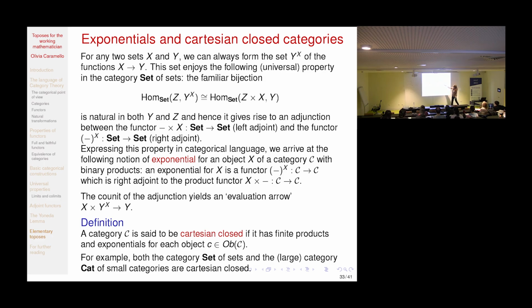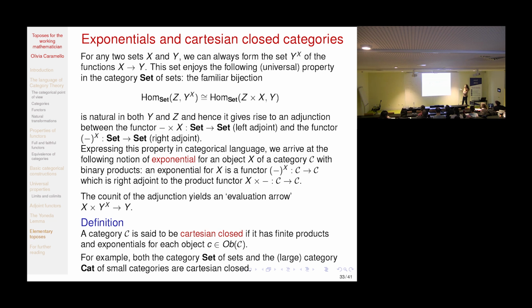So taking the exponential, taking the set of functions from a given set X to a variable set, this operation defines a right adjoint to the functor that takes the product with the set X.